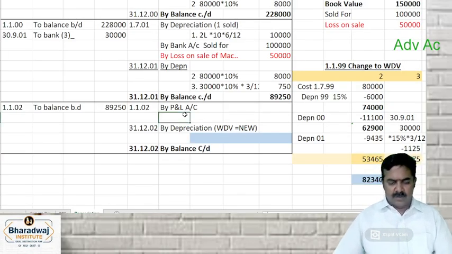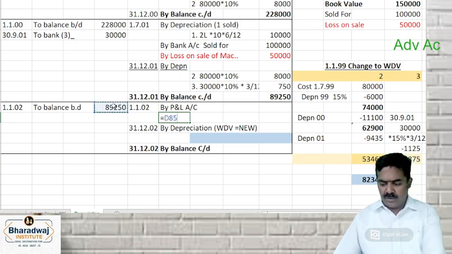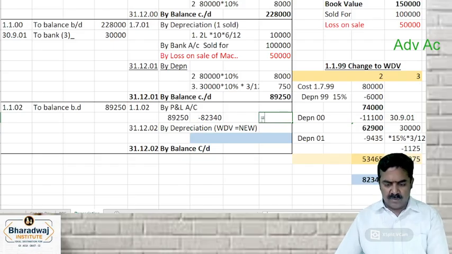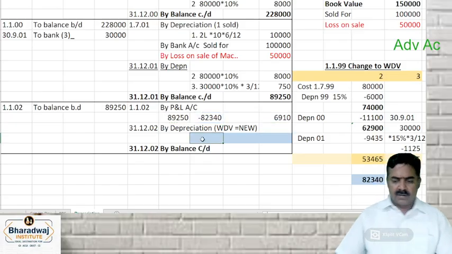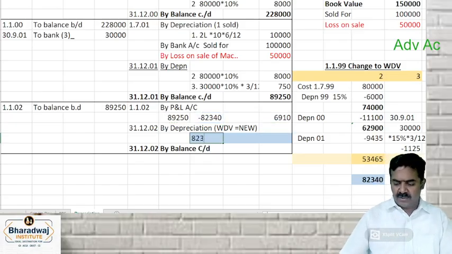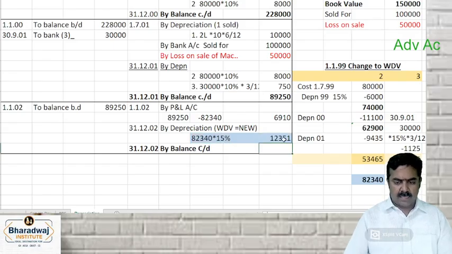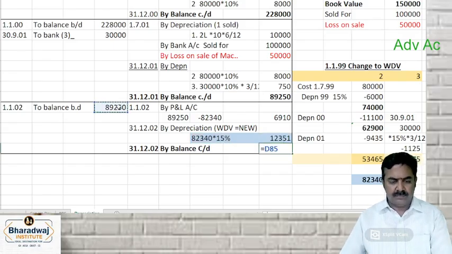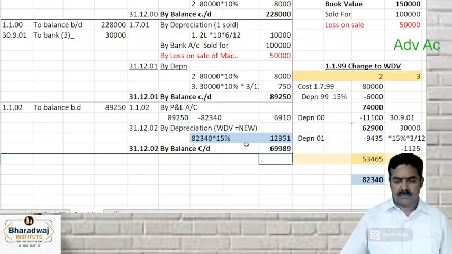So when putting in the P&L account, 89 to 50 minus 82,340. This amount will be charged in P&L account. For the new method of depreciation, put 82,340 into 15%. Correct?